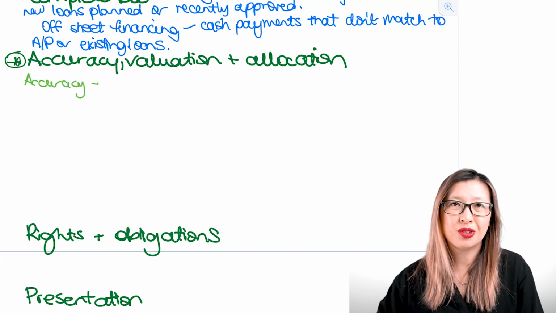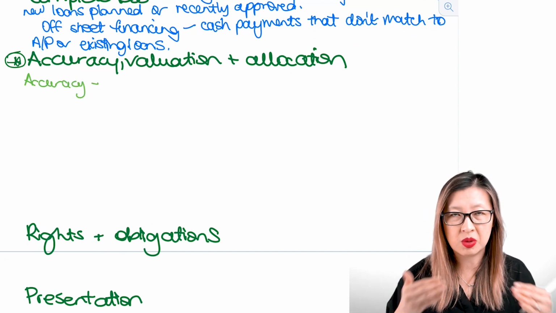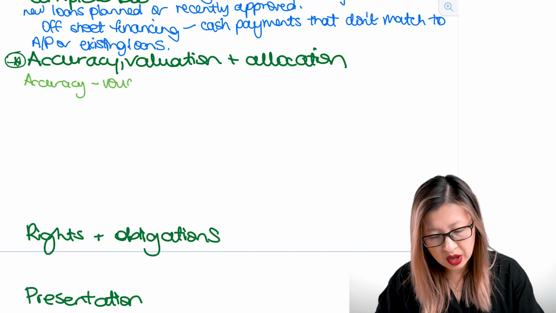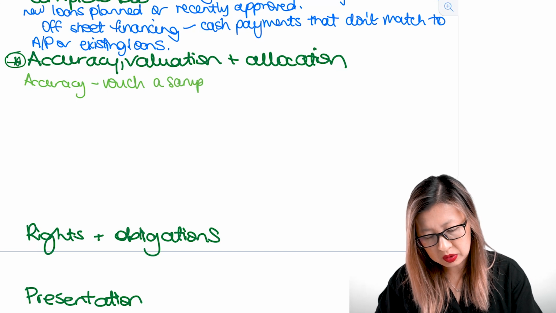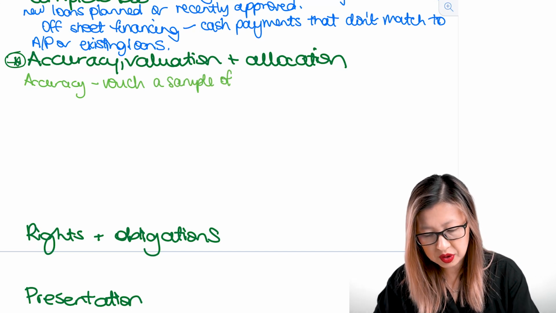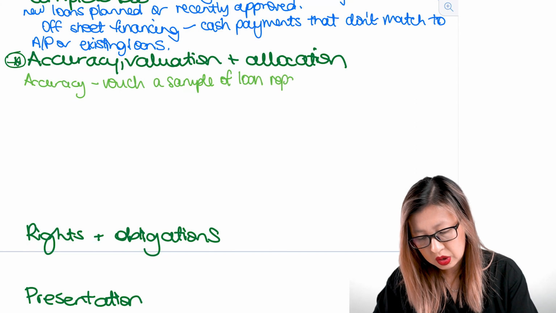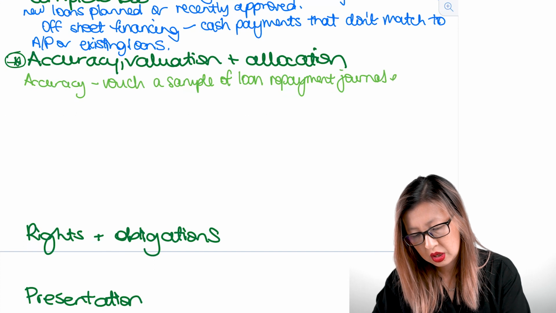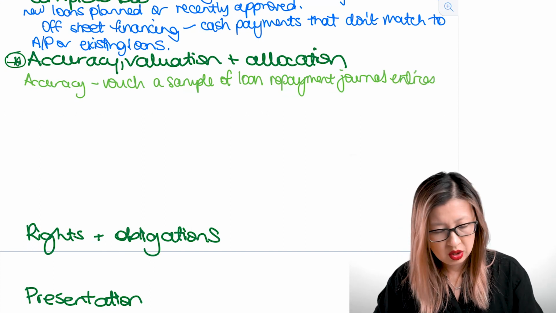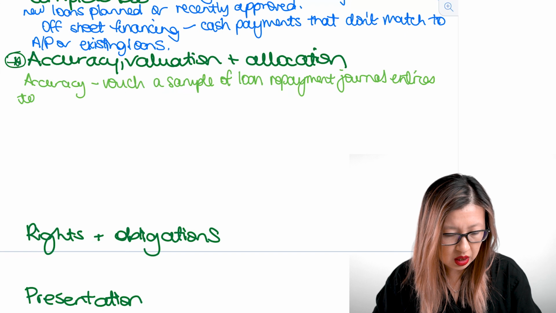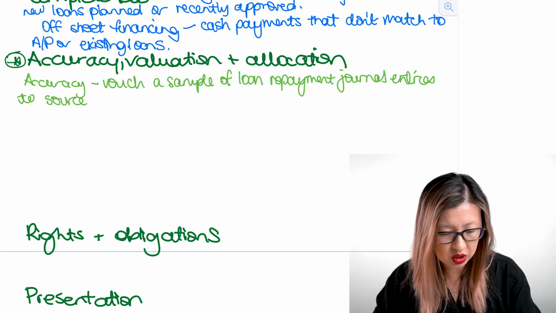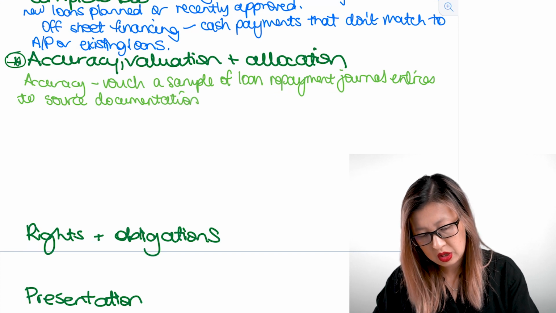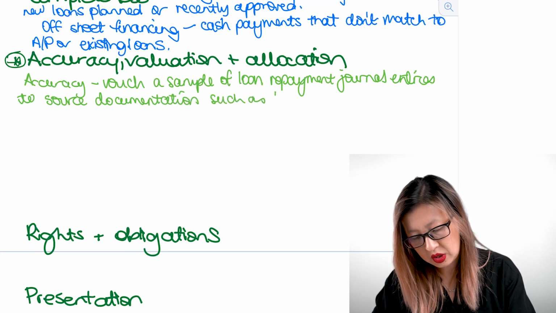So let's look at the accuracy side. Accuracy is about those individual repayments and journal entries of the repayments. So you might vouch a sample of loan repayment journal entries to source documentation, such as the contract.